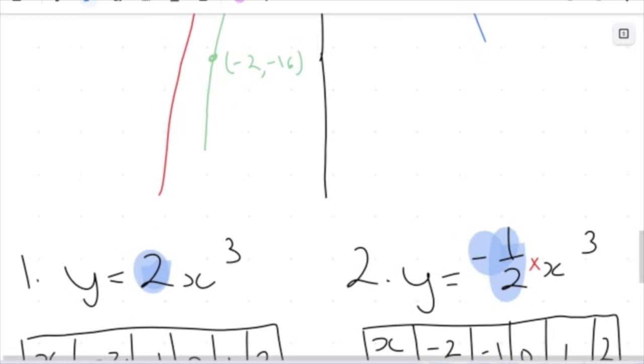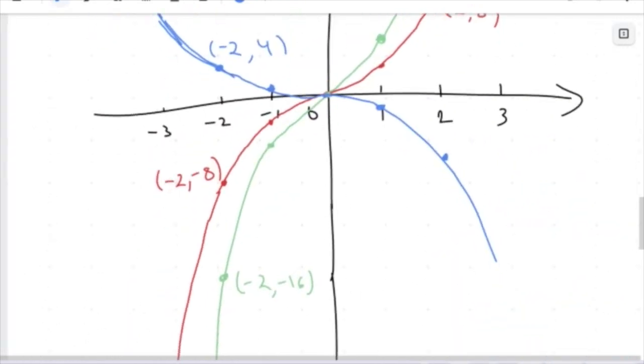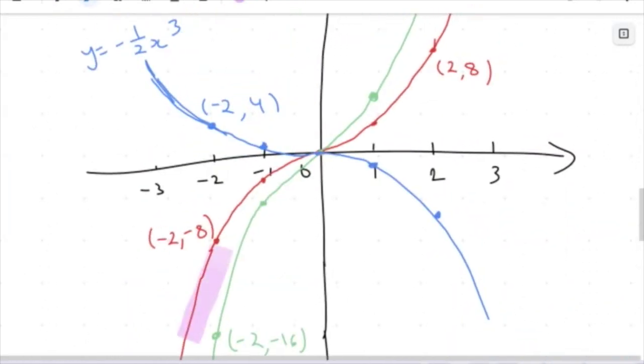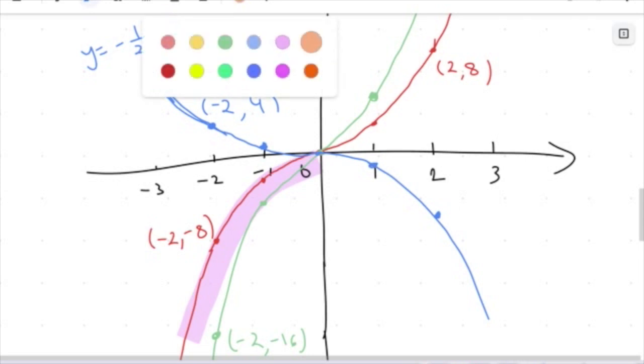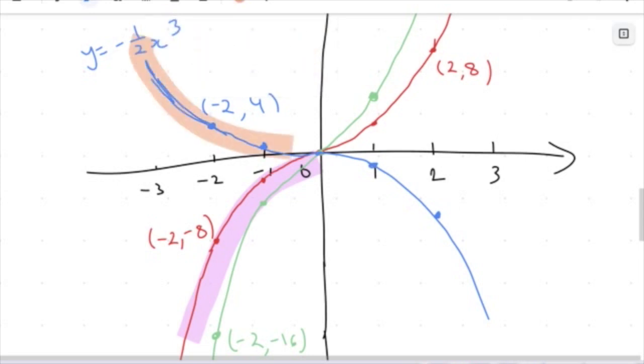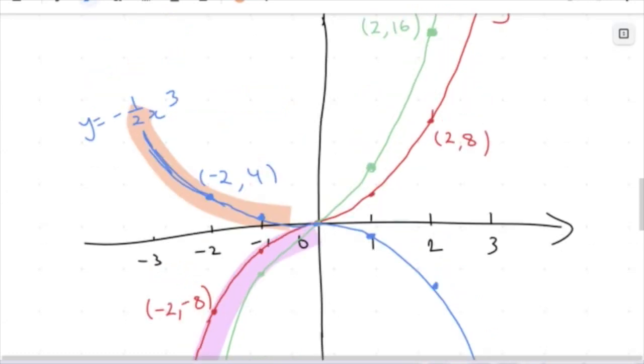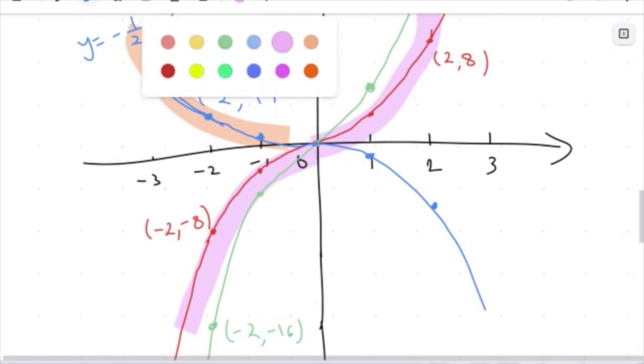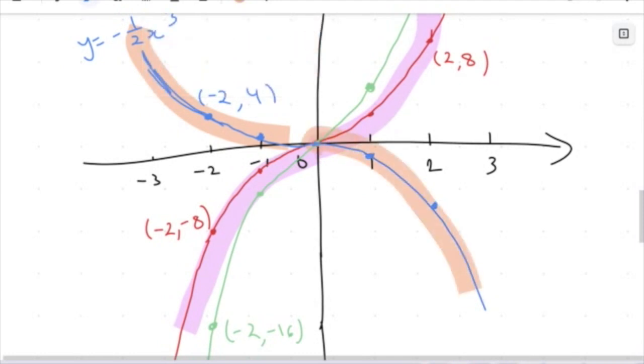Now why is that? Well, our old friend, the reflection, has reappeared. So the negative in front always ends up being some kind of vertical reflection. So everything that's below the x-axis goes above the x-axis. Everything that was previously above the x-axis now goes below the x-axis.